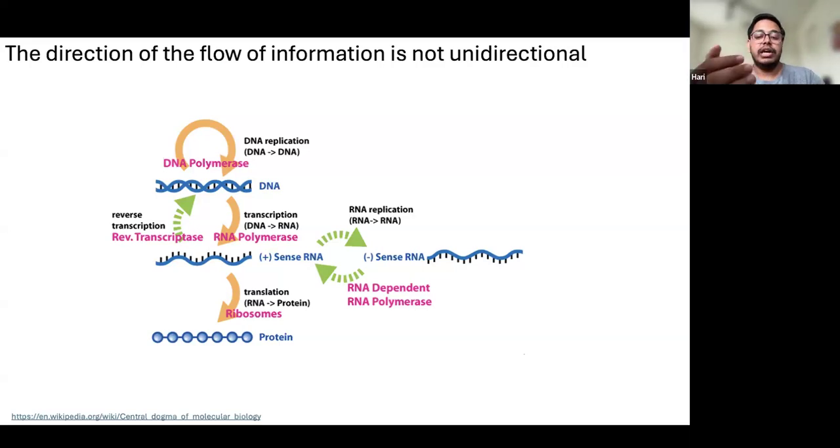And we also know that the information from RNA can be passed on to make proteins by using a process called translation. So as you can see, this central dogma that was postulated earlier now has a lot more arrows in the direction of flow of information.